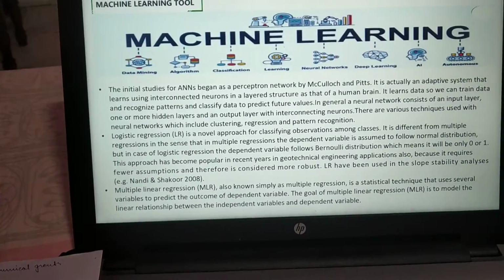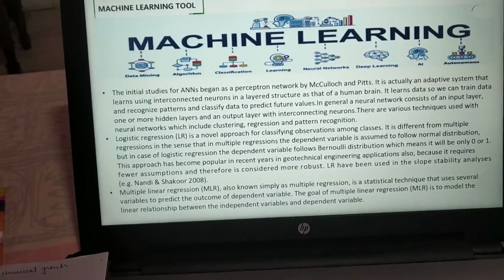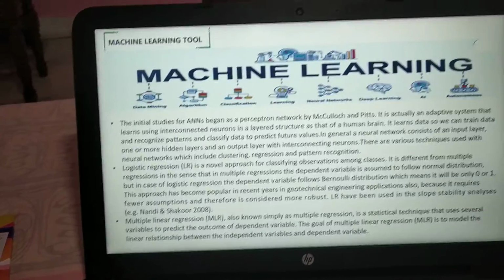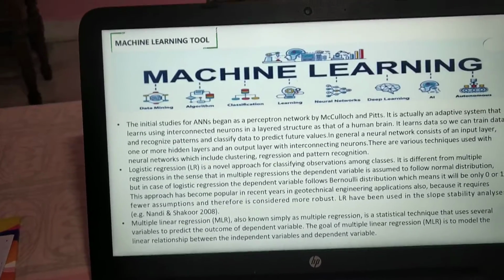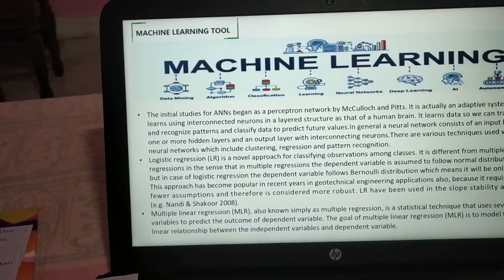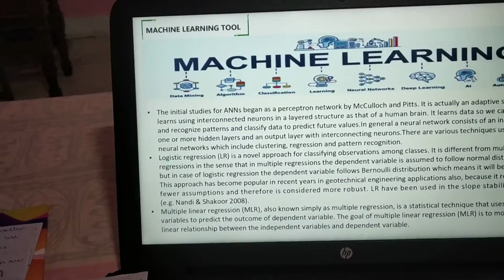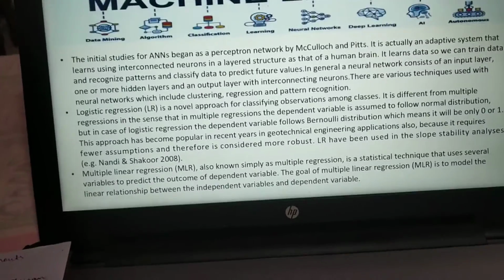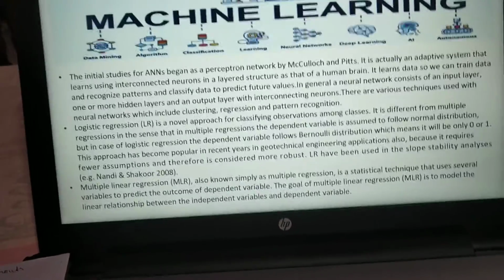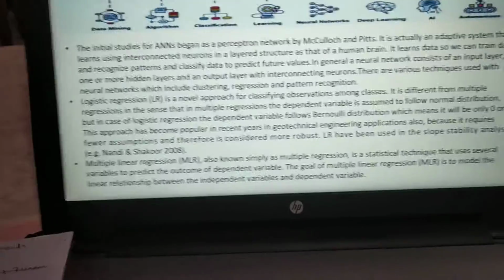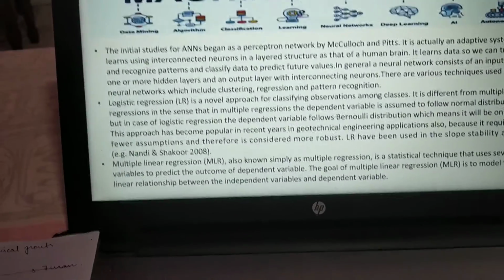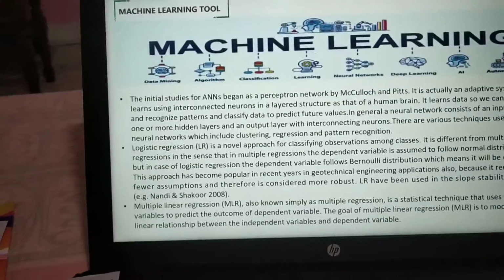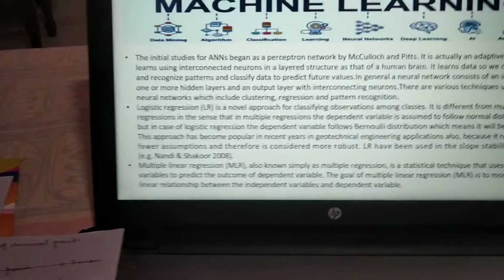It is different from the multiple regression in the sense that the multiple regression only finds the relation between the dependent and the independent variable in terms of a normal distribution, whereas in case of a logistic regression we can determine whether or not a particular method is suitable for a particular data set by using the Bernoulli distribution, where the range is either 0 or 1. So this approach has become very popular in recent years in terms of geotechnical engineering and has been used by Nandi and Shakoor in 2008 for the slope stability analysis.